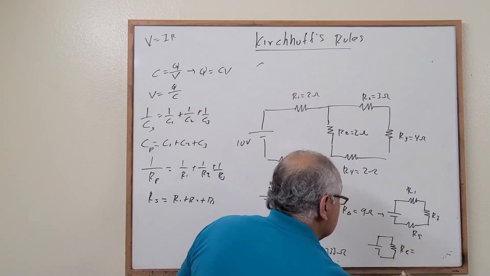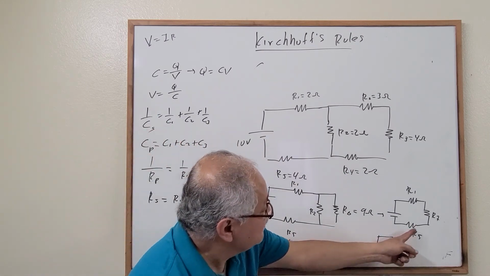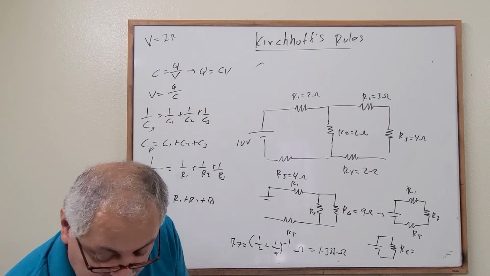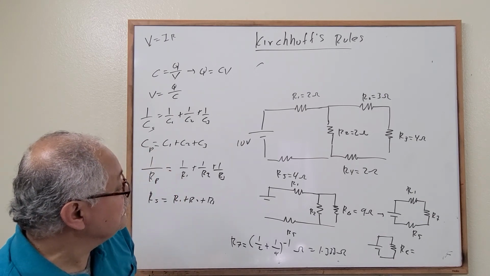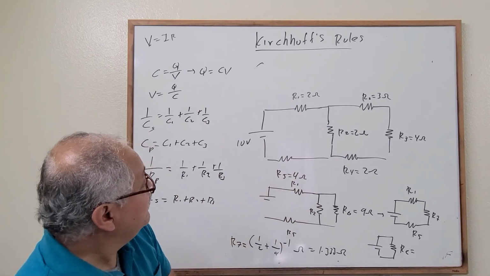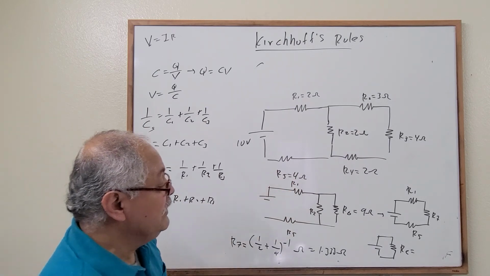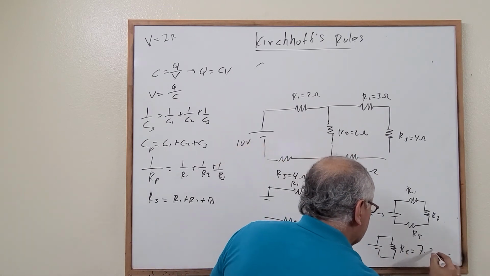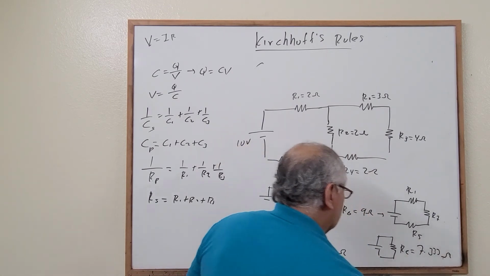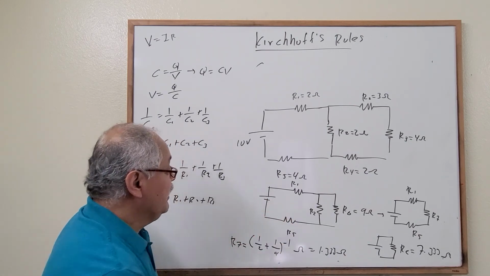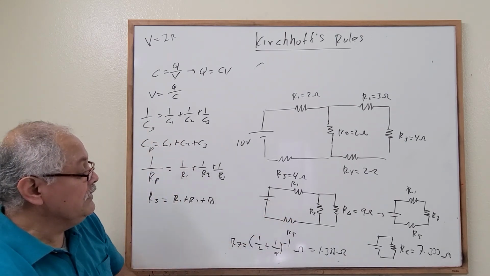Our equivalent is equal to this plus this plus this, because these are now in series. Okay, so this plus what? Plus R1, which is 2, plus 4, 6, so 7.333 ohms.